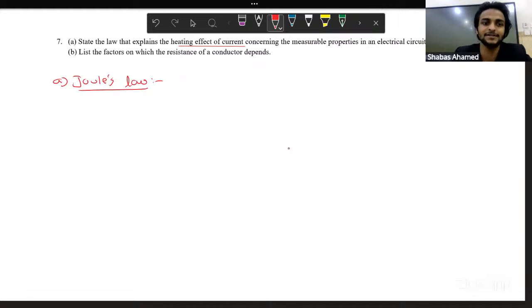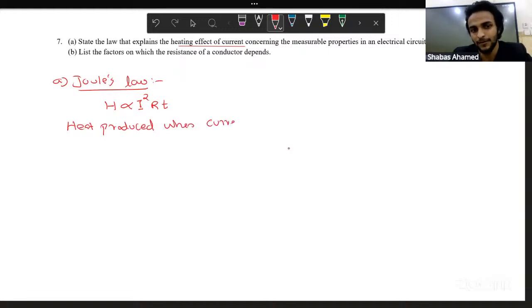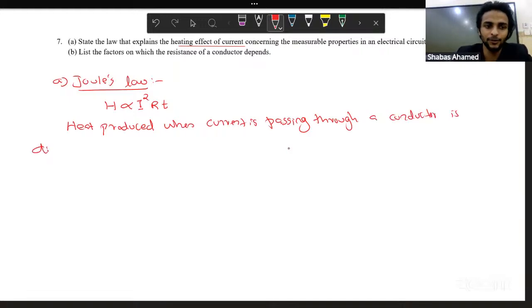So Joule's law states that the heat produced when current is passing through a conductor is directly proportional to the square of the current, resistance, and time of flow.